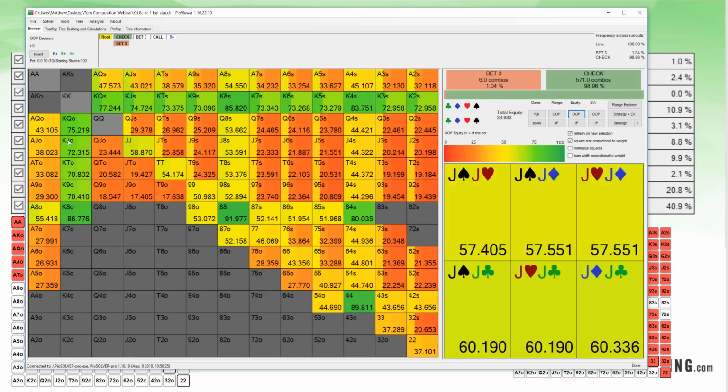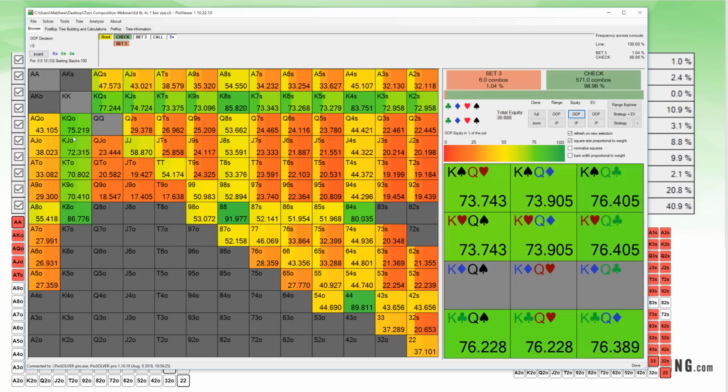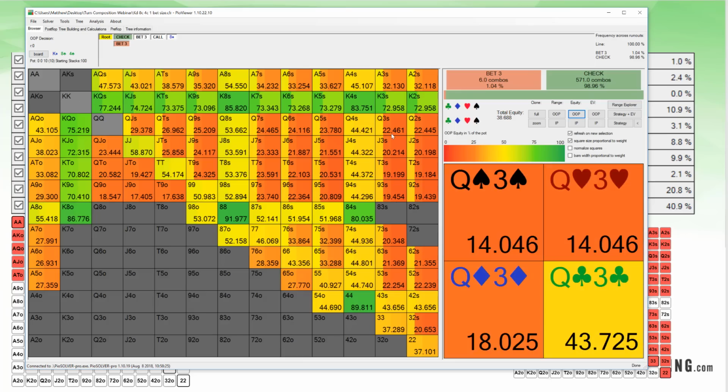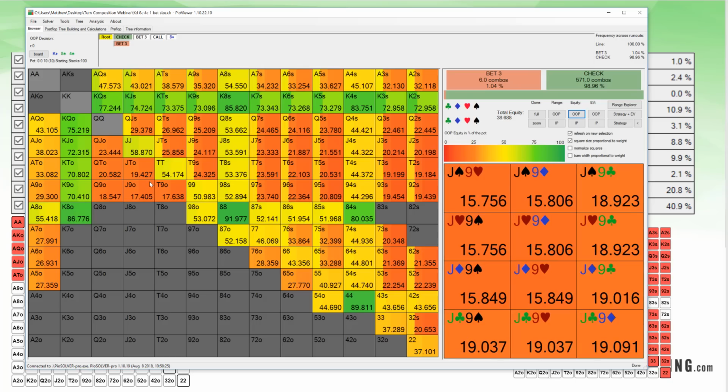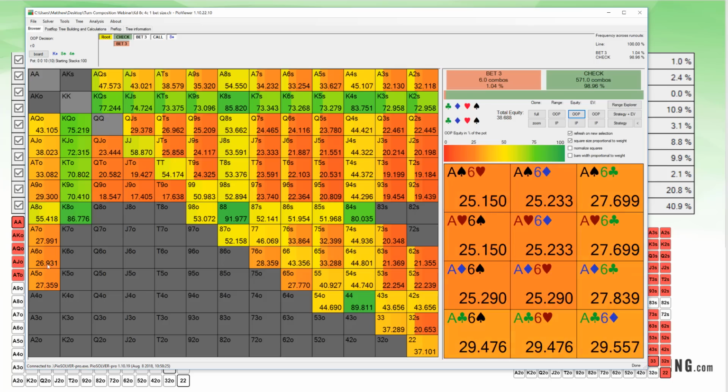This is the big blind's range, and he has some green, and all his green is basically these top pairs, king, queen, all his pair of kings, and just look at all this red that he has. Just so much. He has so many low equity hands, and like 9 deuce of spades has 11% equity. 9-6 of spades has 14%, 6 deuce of spades, 13%, ace 5 off.